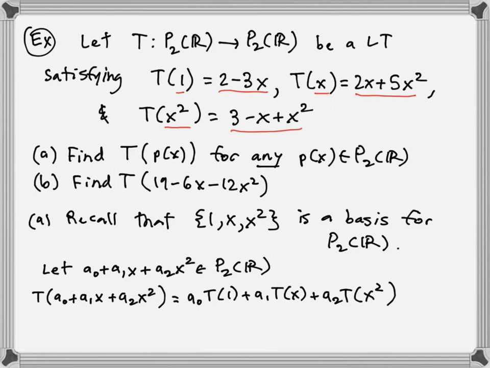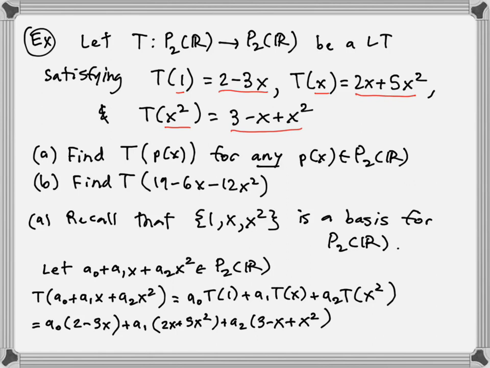So this implies this is equal to a0 times 2 minus 3x plus a1 times 2x plus 5x squared plus a2 times 3 minus x plus x squared.